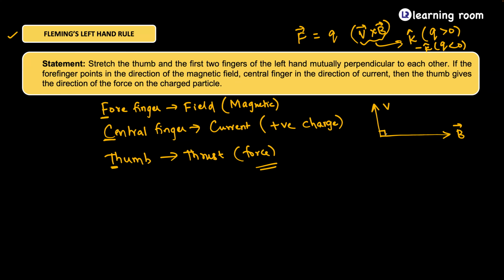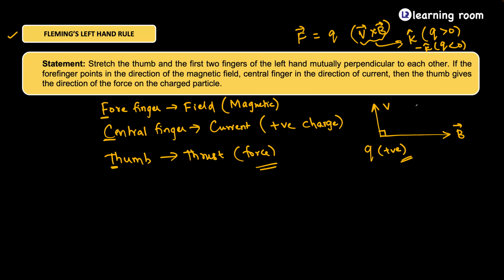So when I put the velocity in this direction, the first question that you need to ask me is whether I'm talking about a positive charge or a negative charge. Okay. Here I'm assuming that the charge is positive. So there is a positive charge moving in the y direction. There is a magnetic field in the positive x direction. So first let's apply this concept and see.